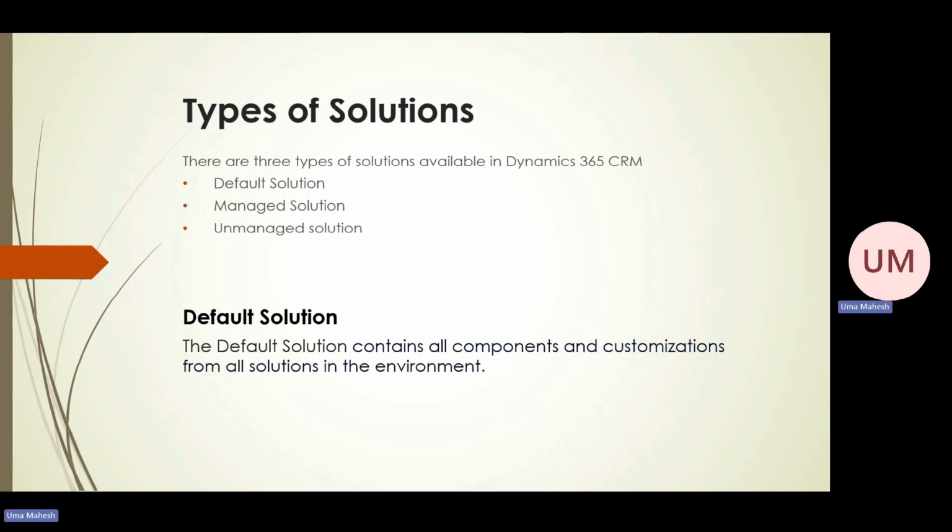But if I create my own publisher with a prefix like CRM1 underscore, then whatever entities, fields and JavaScripts I have created will come under CRM1 underscore. Then I can easily identify and claim my software.